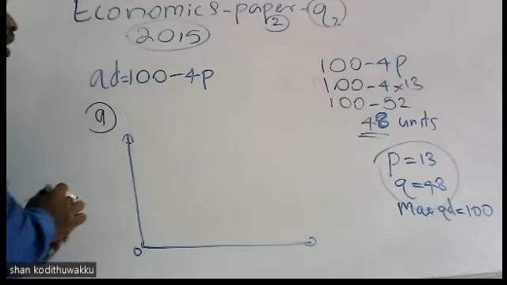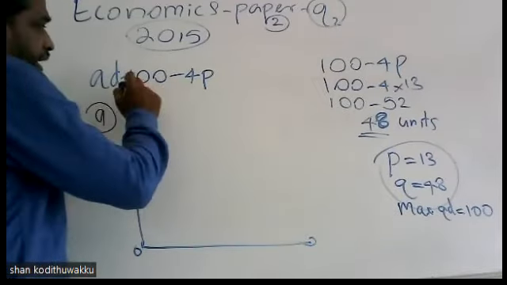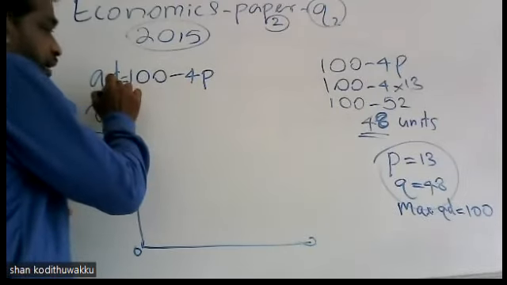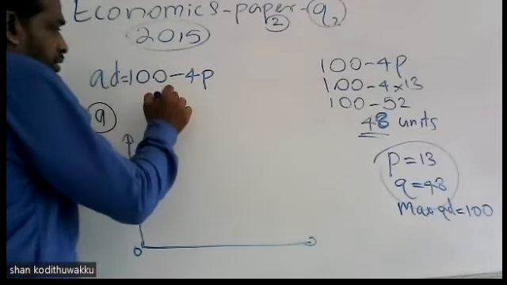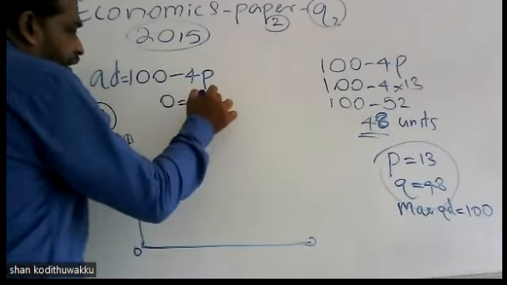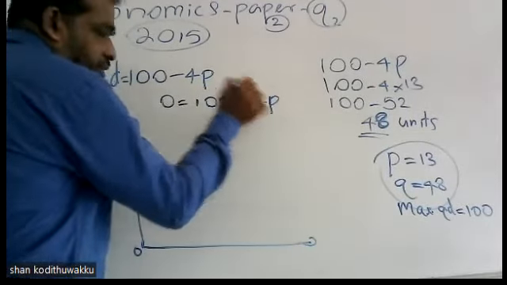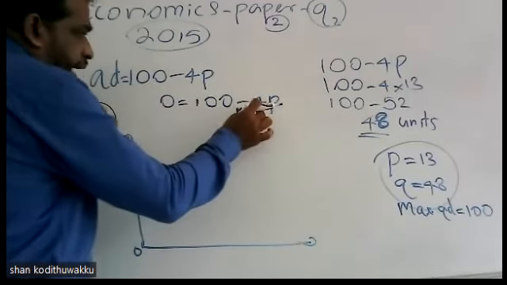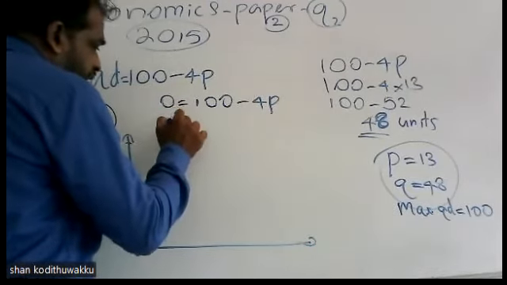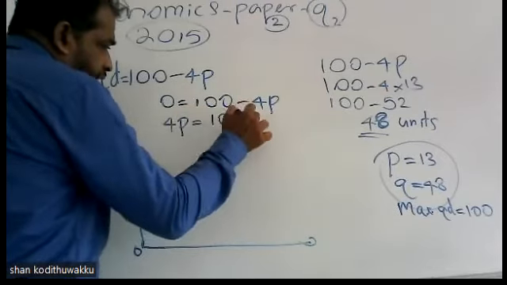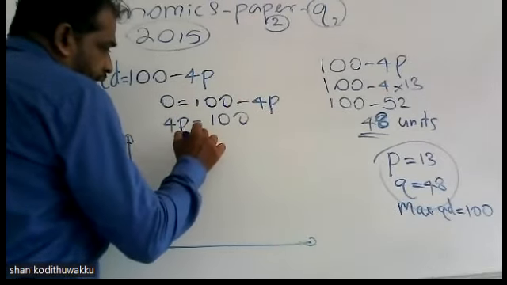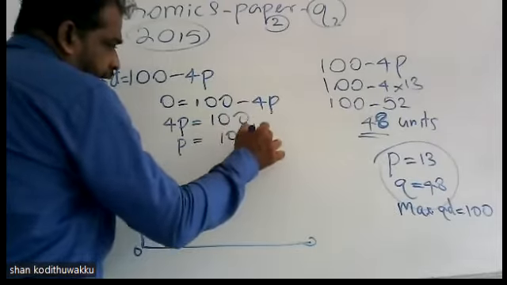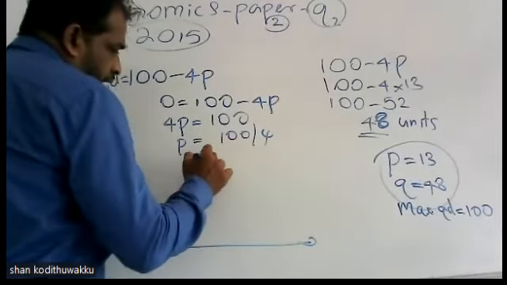Then you can take this equation. If the quantity is 0, 0 equal 100 minus 4p. Then you can take minus 4p to this side, 4p equal 100. Then P equal 100 divided by 4, then 25.